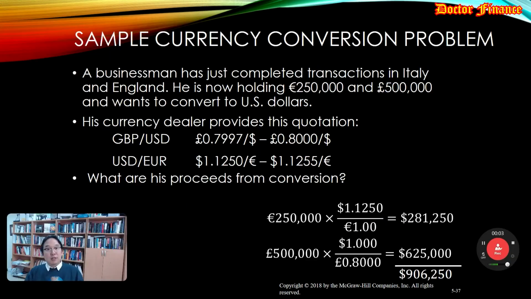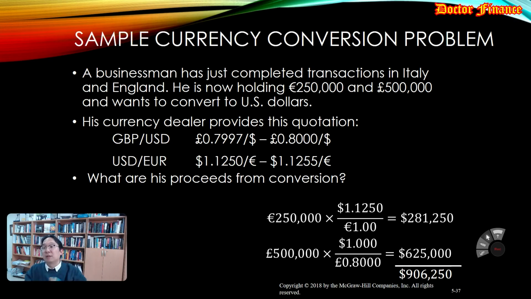Now, here is an interesting question using this bid-ask spread. Sample currency conversion problem. Let's say a businessman has just completed a transaction in Italy and England. He is now holding 250,000 euros and 500,000 British pounds and wants to convert them to US dollars. He's returning home, I guess, to New York City. Now, how many US dollars would he get?